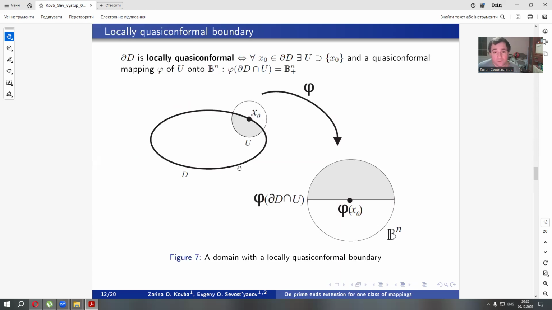So if we have D with a bad boundary, generally speaking, we may map D onto D0, and we may prove that every prime end here corresponds to some point in the good domain.